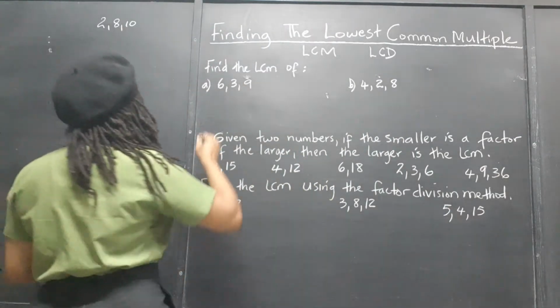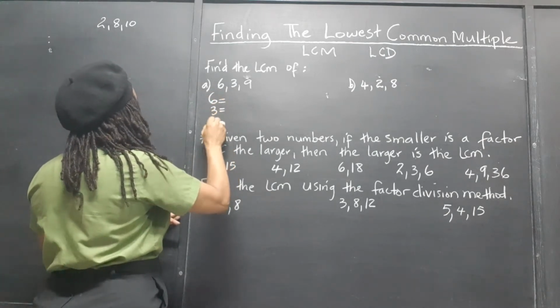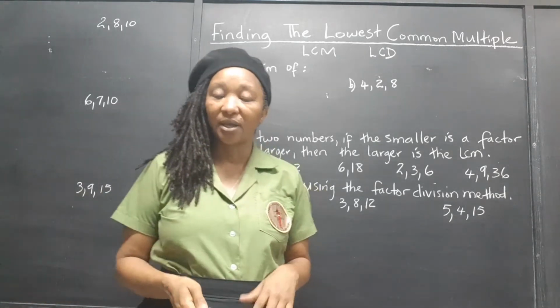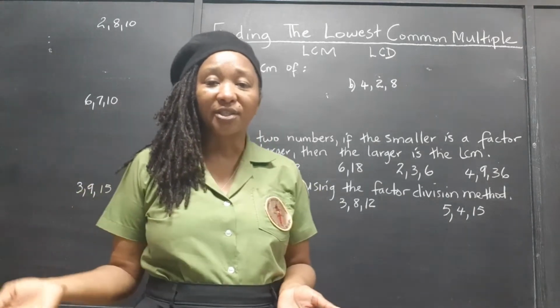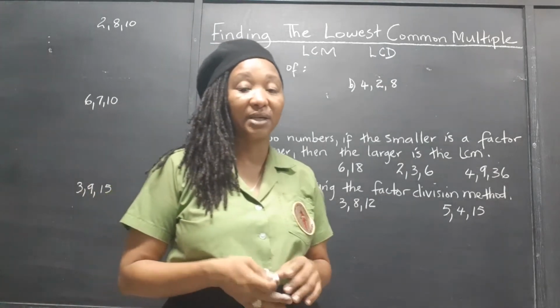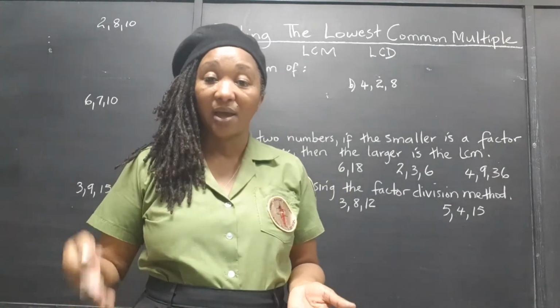So we're going to actually list out the multiples of 6, 3, and 9. And by multiples we mean basically the results of each number in the times table. That's really what we're doing, because a multiple is what you get by multiplying a number by another number.